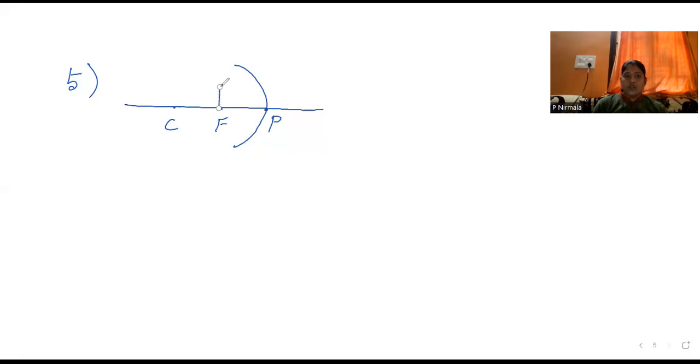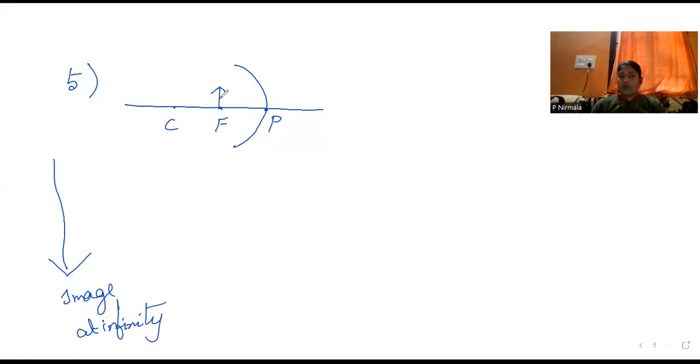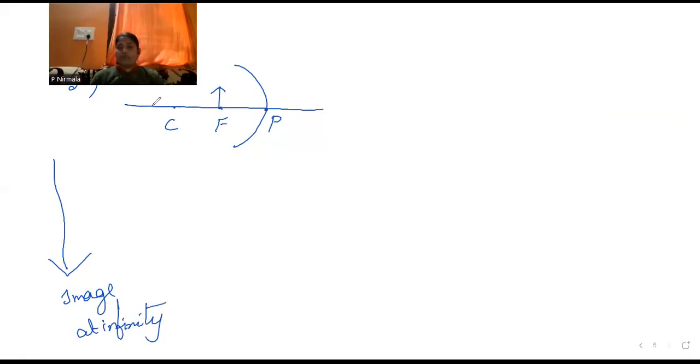Now the case: if you keep the object on the focus point, the image is formed at infinity and it is highly enlarged. The object is positioned on the focus point. This is the fifth case.